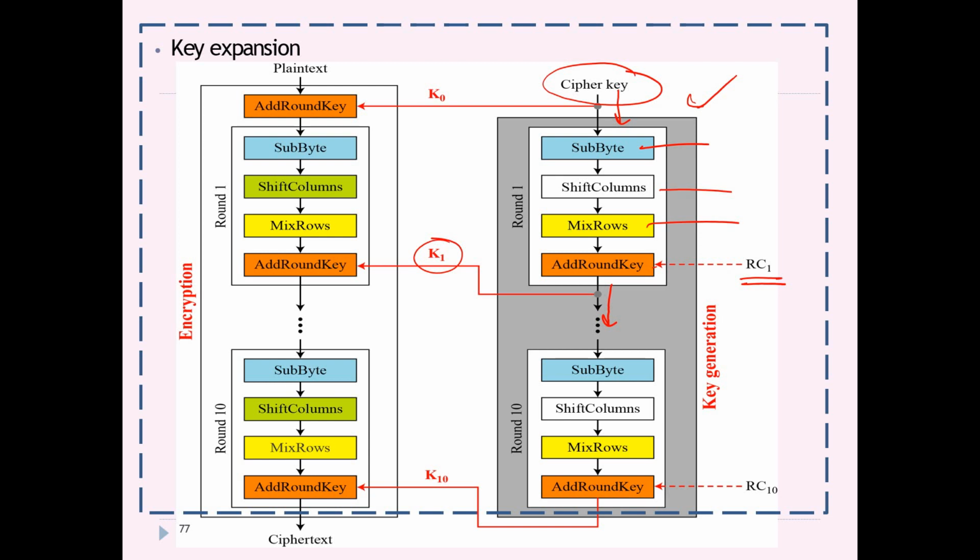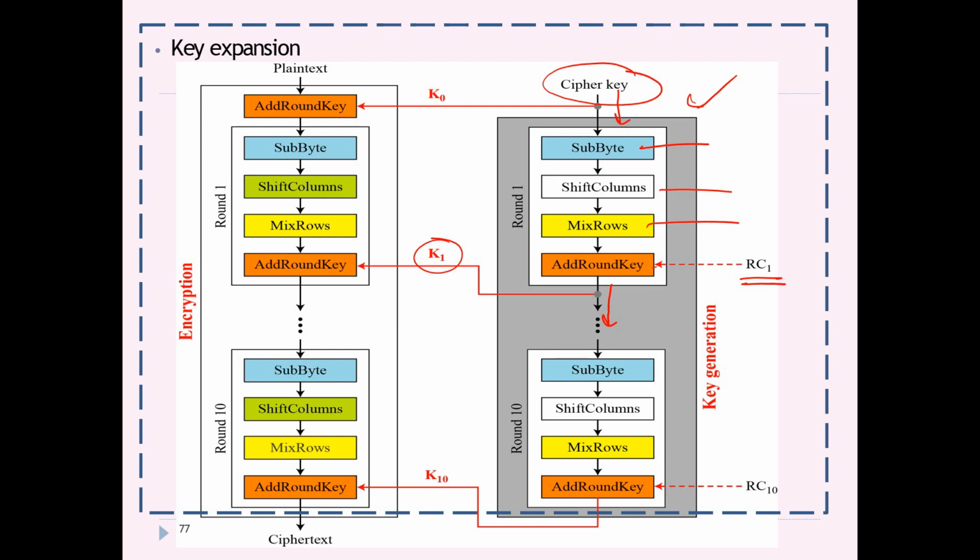In round 1, the additional K1 is generated from this output. But this K1 is also generated by these steps, along with one RC1, which is getting added in this last transformation. So this add round key is getting added with some kind of a constant.